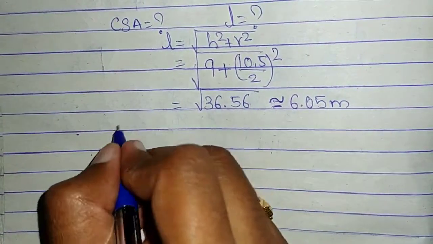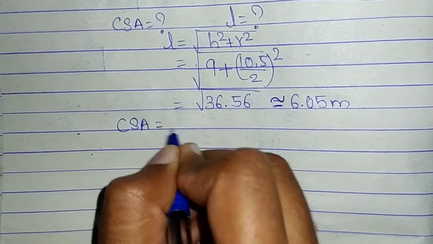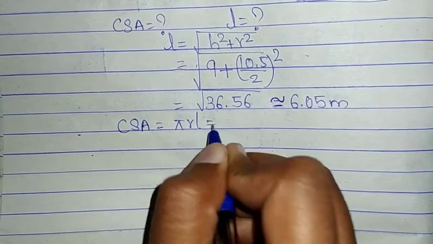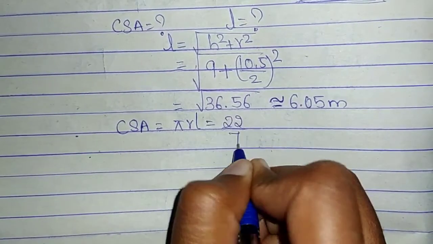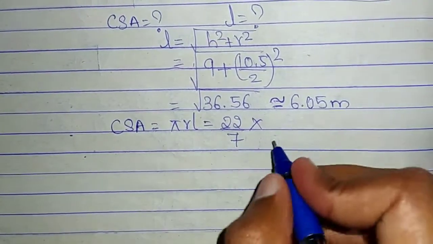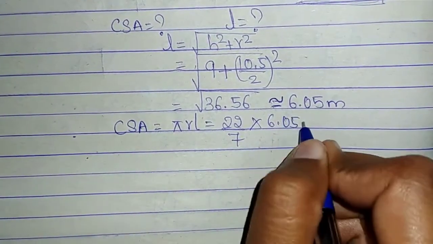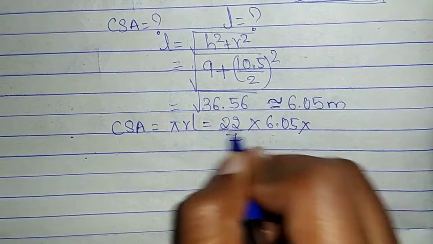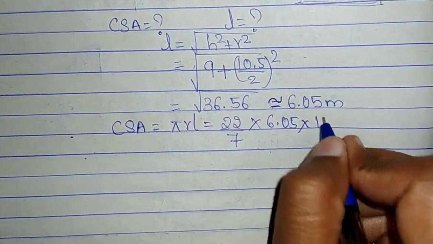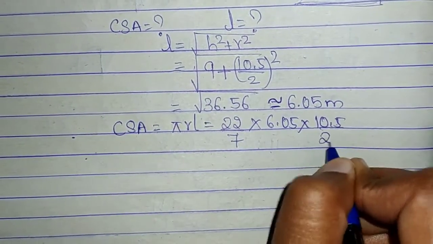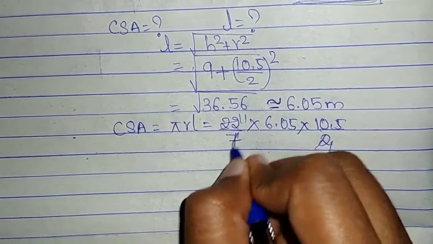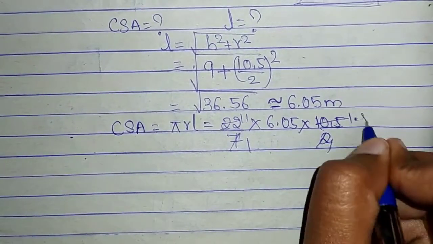Now to find the CSA, CSA is equal to pi RL, which is equal to 22 by 7 into radius 10.5 by 2 into slant height 6.05. So 2 ones are 2, 11s are, 7 ones are 7, 1.5s are.